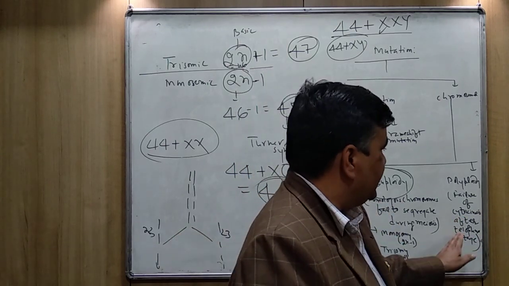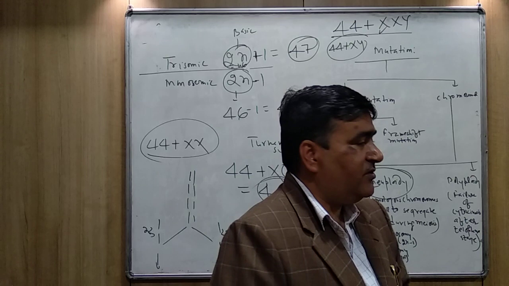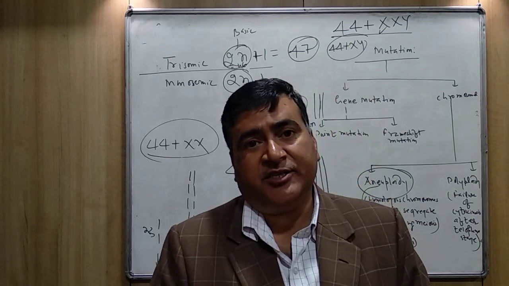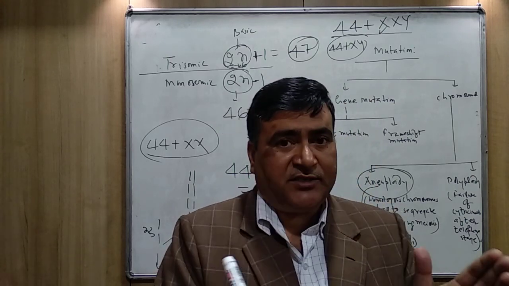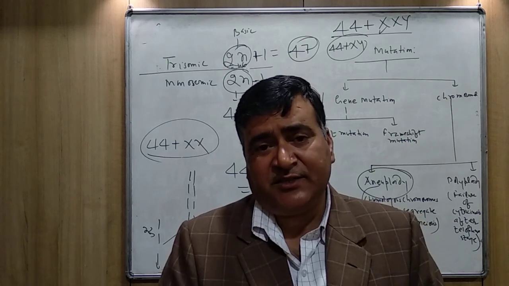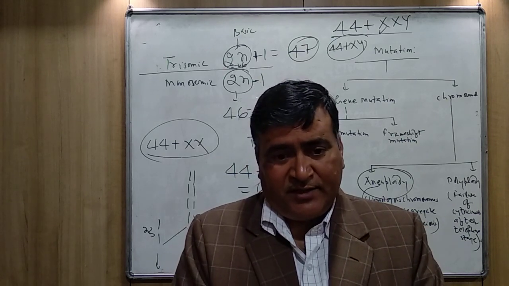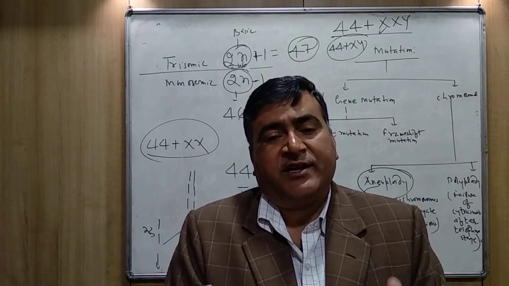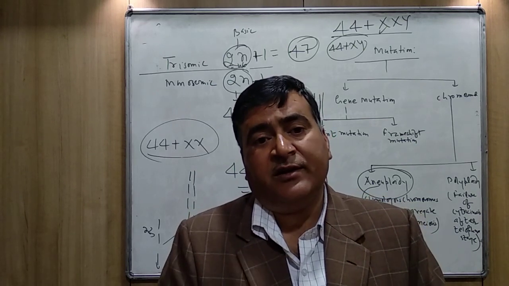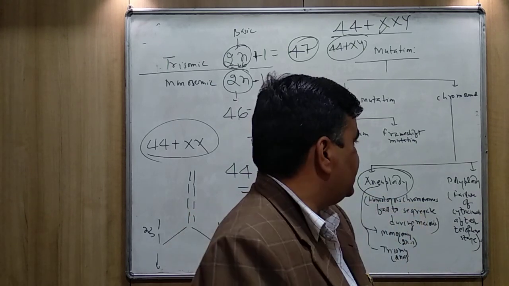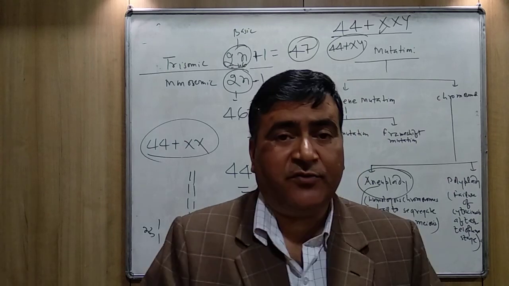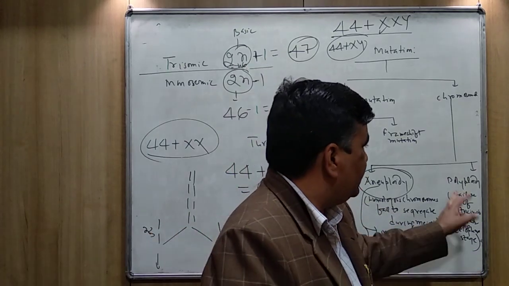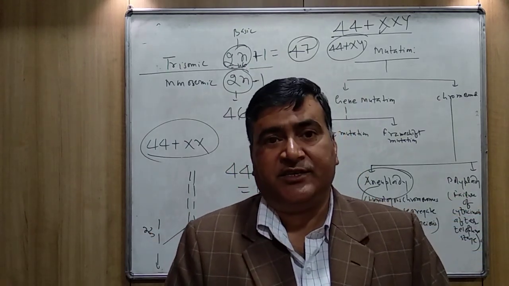Just after telophase, the process of cytokinesis takes place. In cytokinesis, the cell is divided into two parts, but when proper cytokinesis doesn't take place after telophase formation, the polyploidy condition is created.